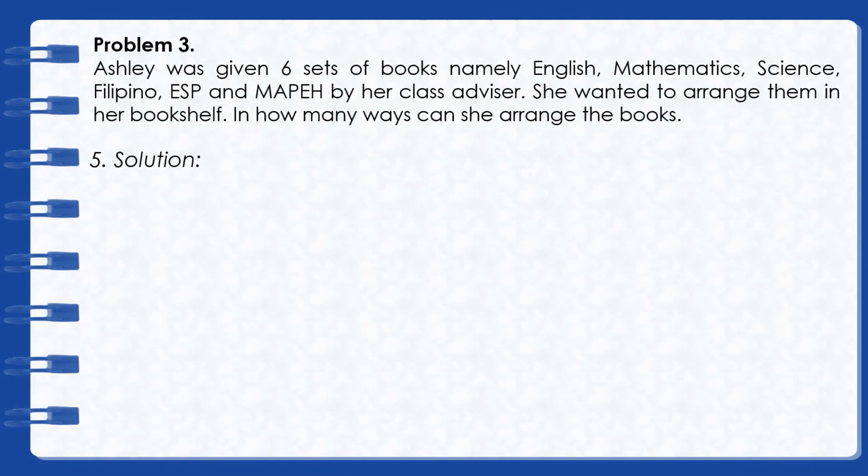Let us continue to solve the problem. After the formula, permutation of n taken r is equal to n factorial over the difference of n and r factorial, we can now solve and show our solution. So in here, the value of n and r is 6.